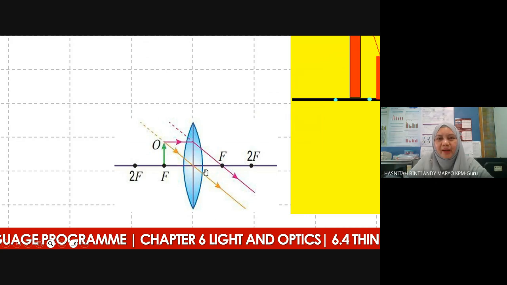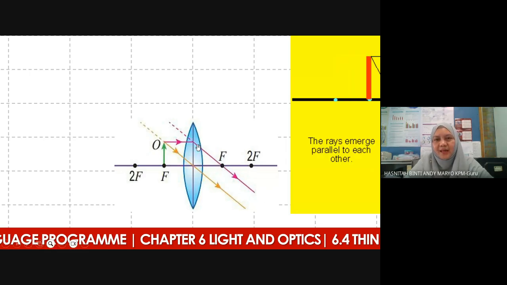First, we draw a straight line from the object towards the optical center, the yellow line. It will not be refracted and continues to travel in a straight line. Then we apply the second rule, the red line, a straight line parallel to the principal axis. After passing through the lens, it will be focused at the focal point F.